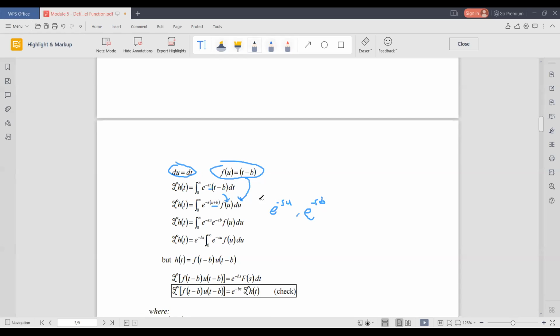So with this of properties of exponents, what's next? So we will now have e raised to negative bs. Okay. And integral of 0 to infinity, so the same pa rin. So here we can now evaluate.